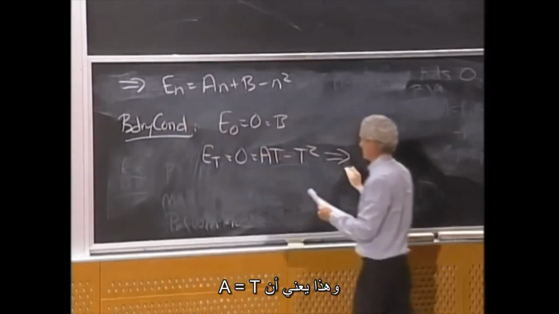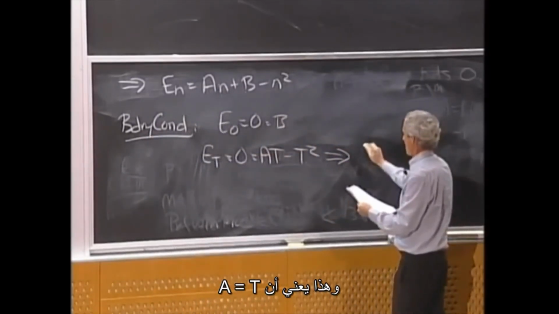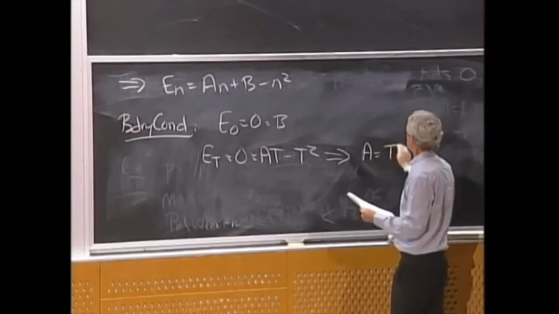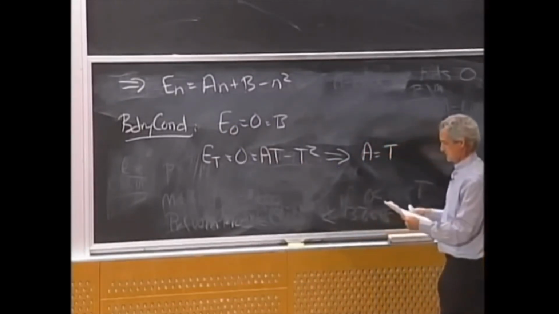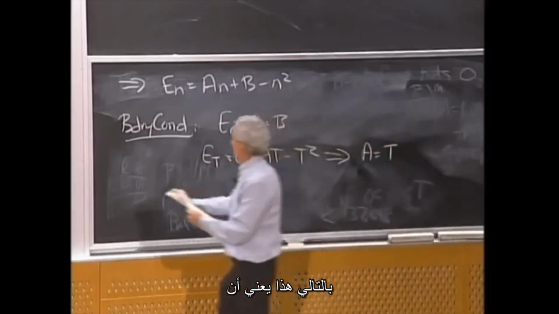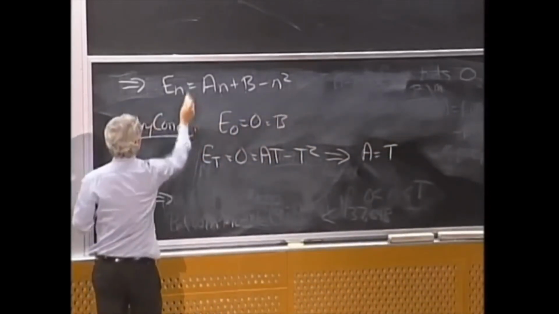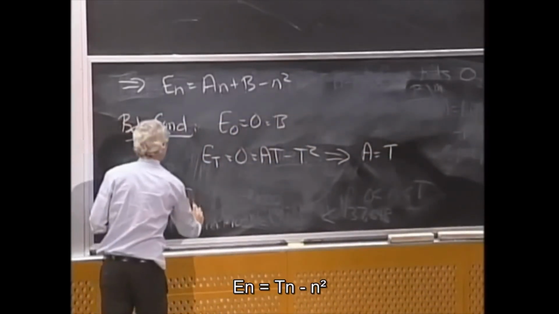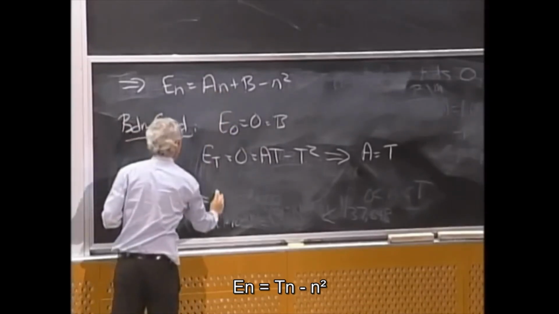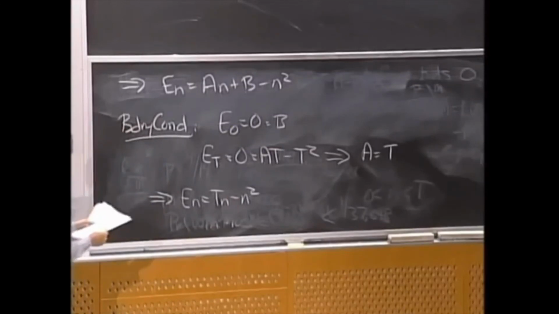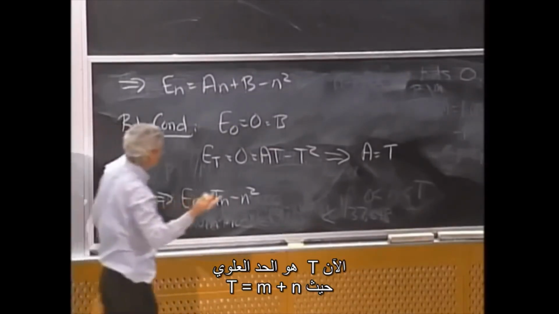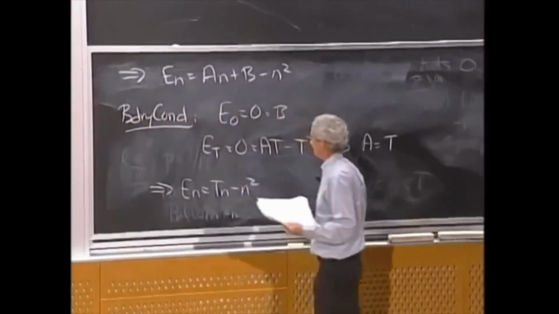That means that a times t minus t squared is 0. A has to be t. So that means that E_n is tn minus n squared. Now t, the upper bound, is just n plus m.